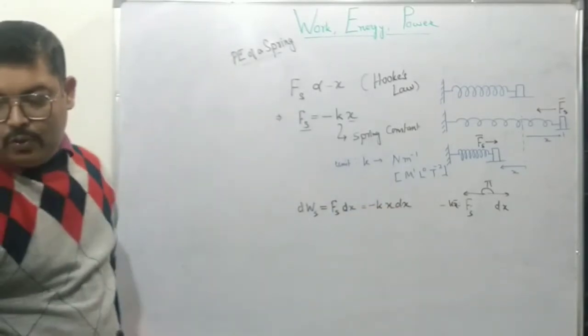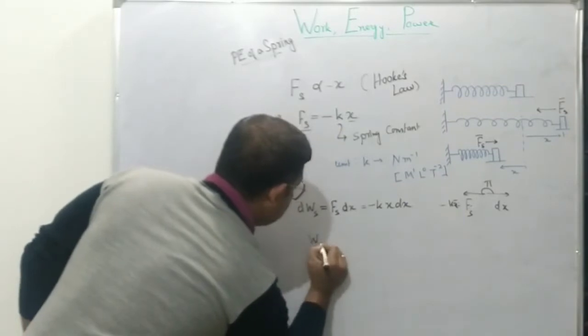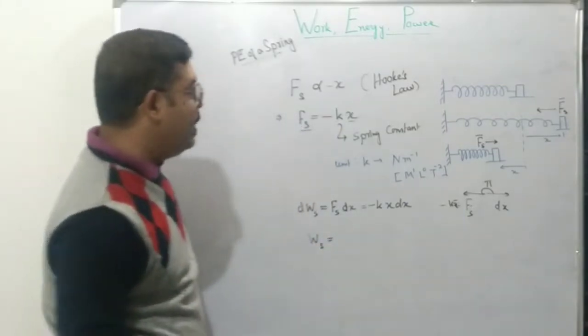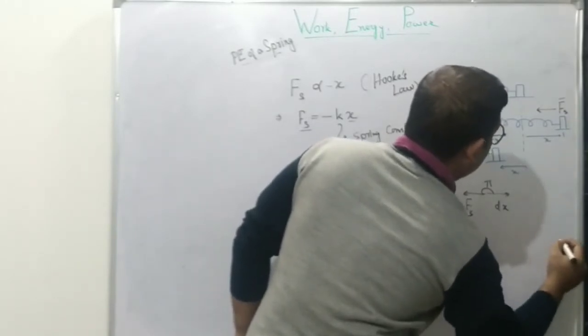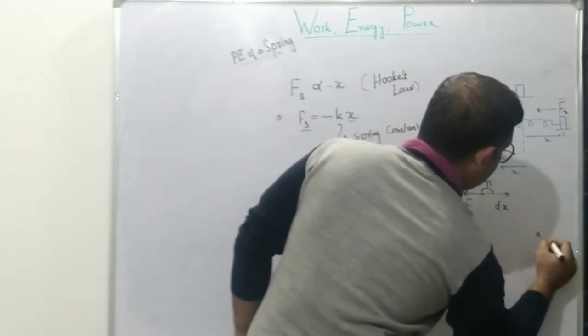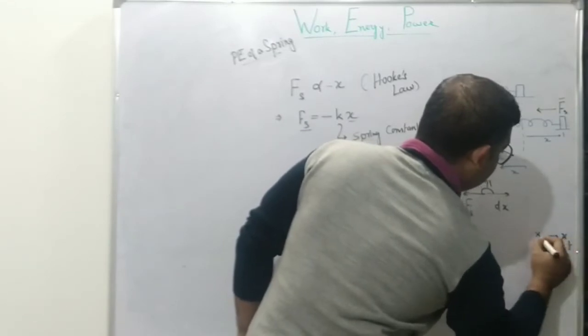So what will be the total work done, Ws, when we displace the spring from its initial position, say xi, to x final.